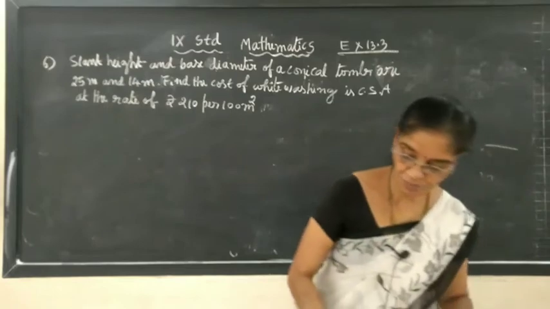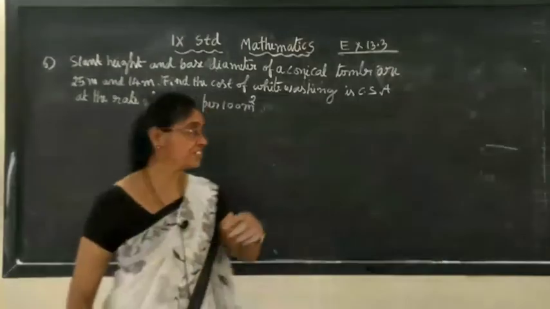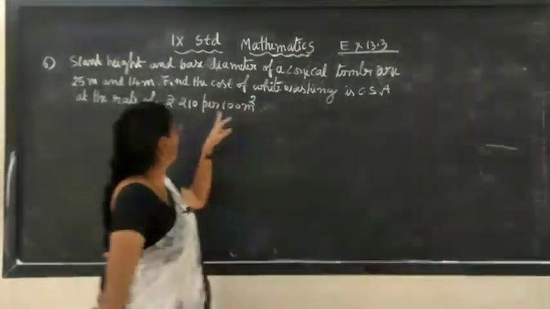Similar to the previous fifth problem, but there is a slight difference. Here the rate is given per 100 meter square.